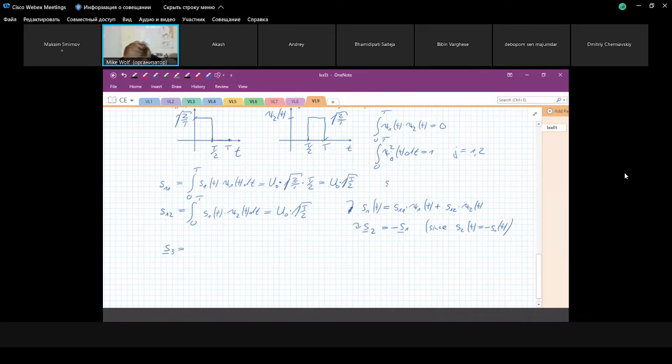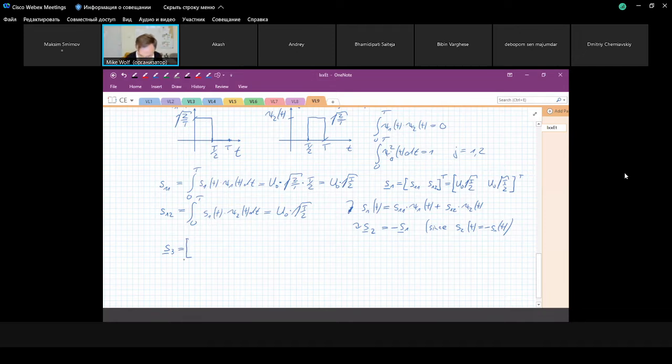This means our signal vector S1 consists of the components S1,1 and S1,2, and this is given by, now we can write it as you like, let's say in this form, U naught square root of 2 by T, U naught square root of 2 by T, and this gives a vector, and we usually use column vectors, therefore we write this transposed.